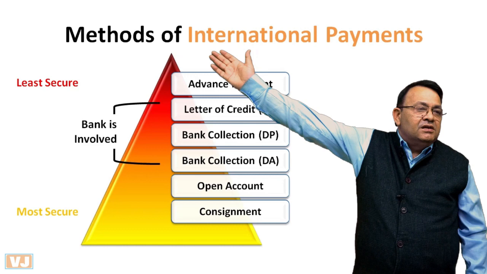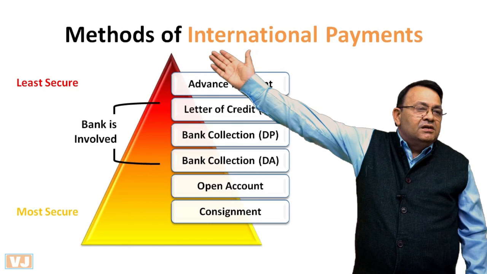And if there is some usance period involved, the meaning of that is that you get the documents against an acceptance letter, that you accept that payment has to be made, and this payment will be made after a certain usance period, maybe 10 days, 15 days, 30 days, whatever has been agreed between the importer as well as the supplier. That usance period makes it necessary for you as an importer to get the documents against acceptance. So it is called bank collection against DA terms.